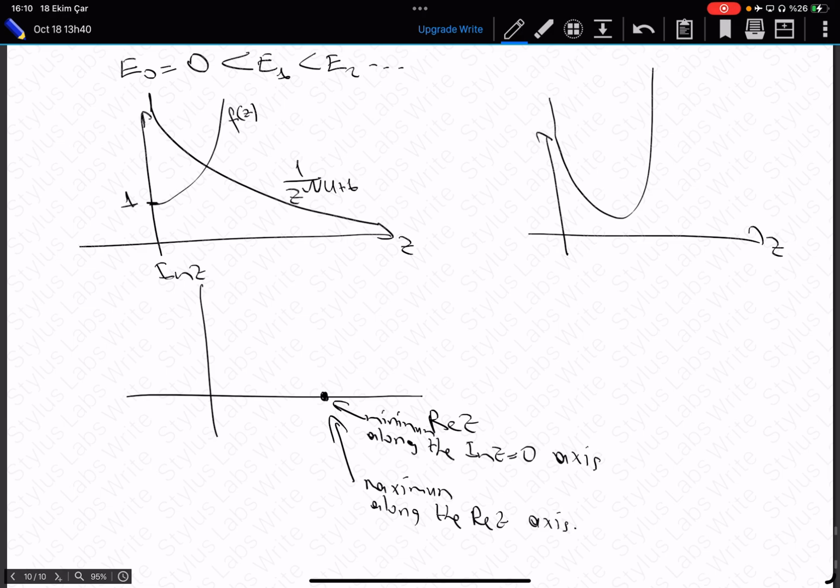So that point is a maximum along this direction. It's a minimum along this direction, but a maximum along that direction. And the change will be very sharp because capital N is huge. So it will have a very sharp peak along the imaginary z-axis.